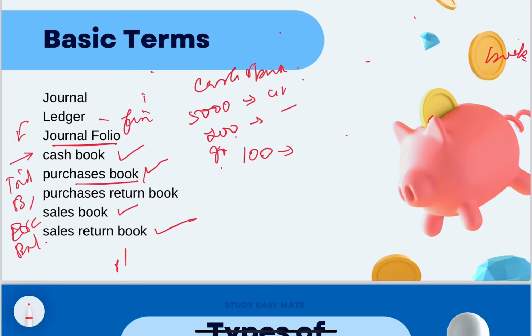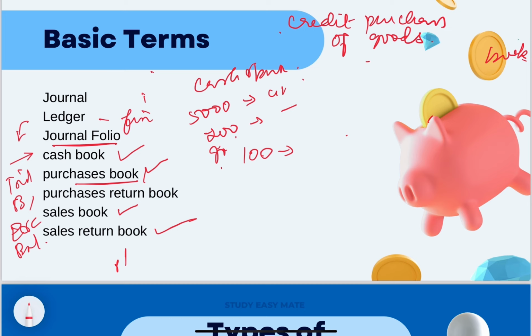Buying a computer on credit is not recorded here because it's an asset, not a good. You record only the credit purchases of goods. Always remember this. Whereas in the cash book, you record all cash and bank transactions.